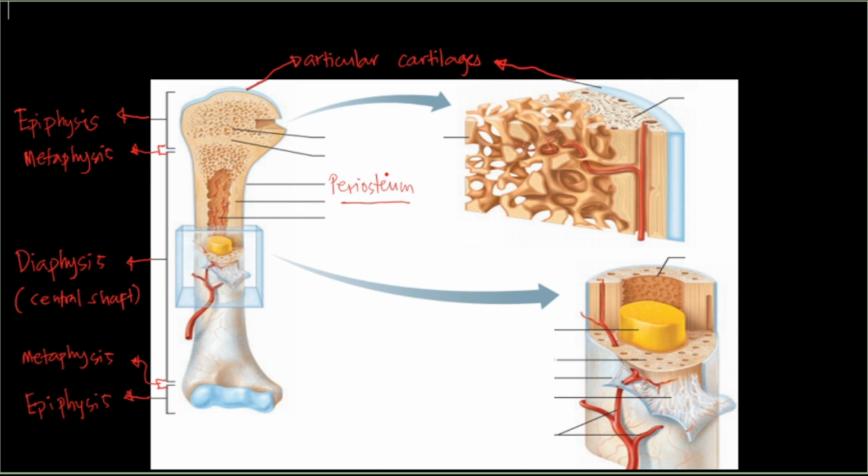Actually, those cells can also be located on the deepest part of your periosteum, especially your osteoblasts or the bone building cells. At the level of your epiphysis, as you can see here, this is what we call your spongy bone. Then, below in this area, this is what we call your epiphyseal line.